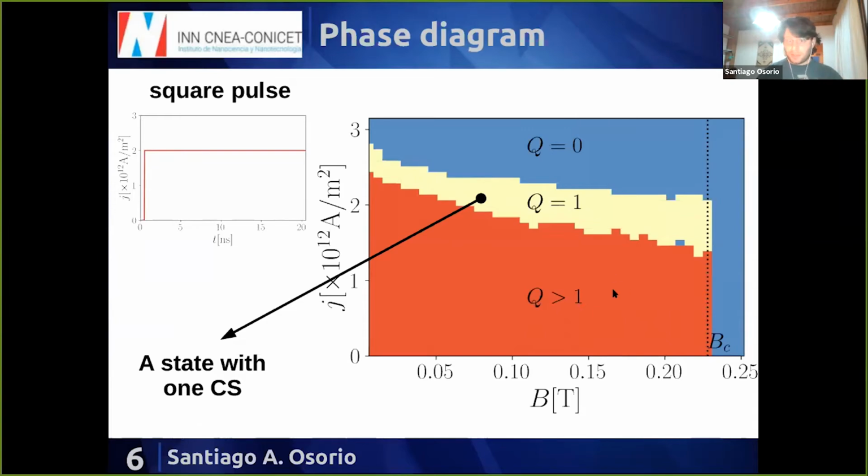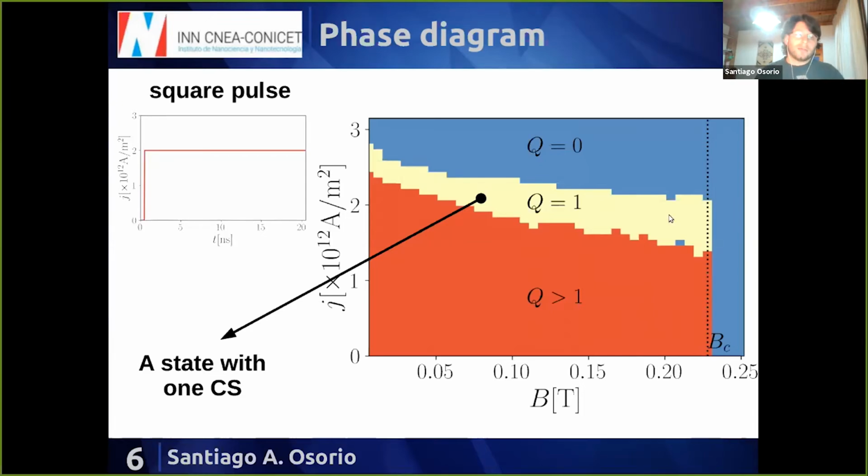A second region, in red, has more than one soliton. And the most interesting region is that in which Q is equal to 1, in white or yellowish, shown here. It is important to know that this last region is quite extensive.